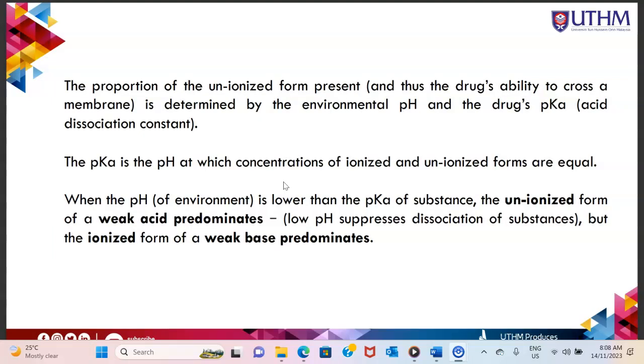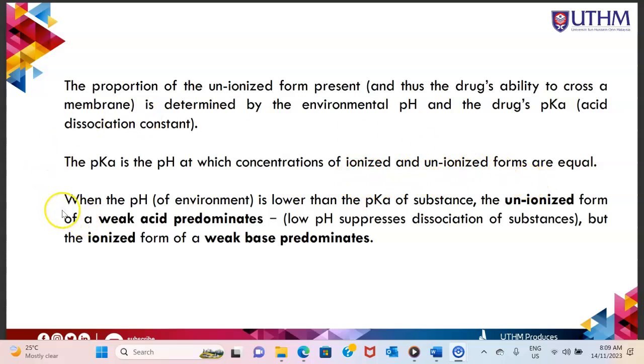In terms of the unionized and ionized forms of the drugs, the proportion of the unionized form present, and thus the drug's ability to cross the membrane, is determined by the environmental pH and the drug's pKa. So the pKa is the pH at which concentrations of ionized and unionized forms are equal.